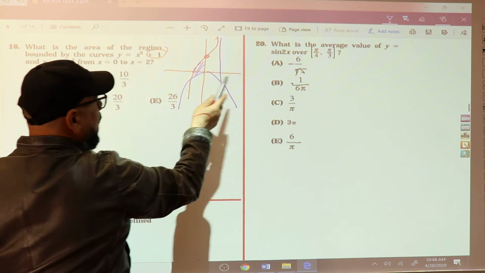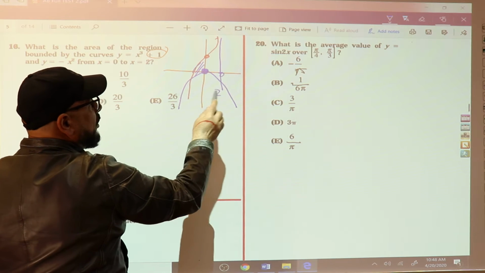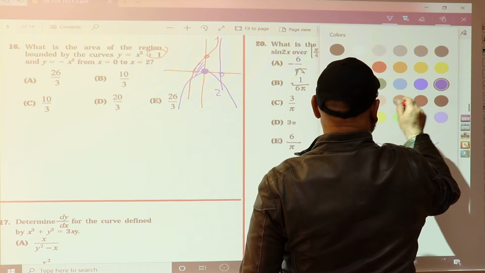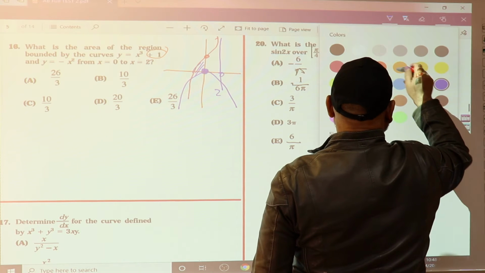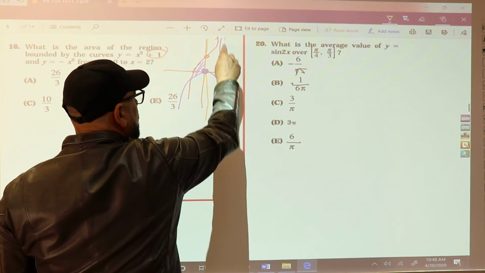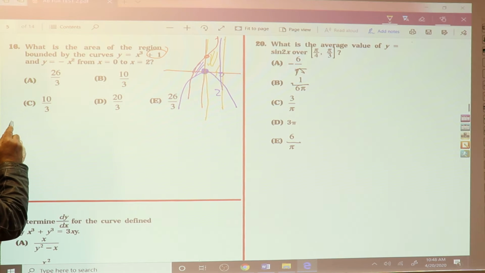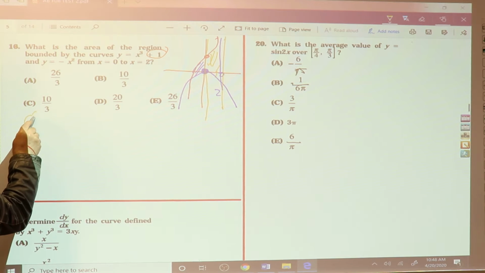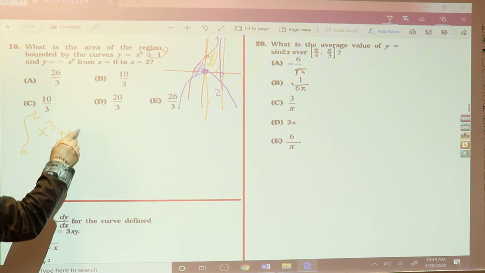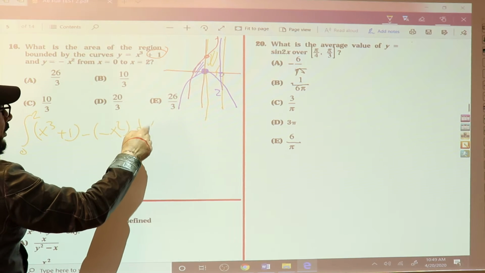Here it goes from 0 to 2. Then all my area is located on the positive side, this is 0, and this is 2. Then between 0 and 2, that's what I need to take. Okay, let us take this color here, from 0 to 2. This is the area I'm looking for. All you have to do is integrate from 0 to 2, x cubed plus 1 minus negative x squared dx.